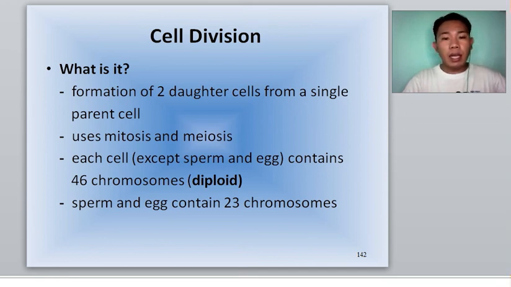Each cell, except sperm and egg, contains 46 chromosomes, or said to be diploid in number of chromosomes. Meanwhile, of course, sperm and egg contain 23 chromosomes because they will undergo fertilization of these egg cells.